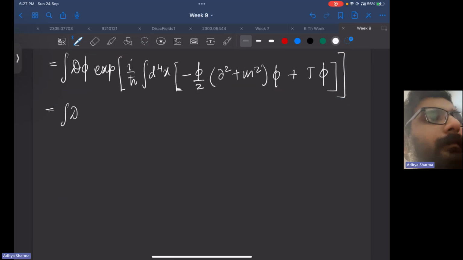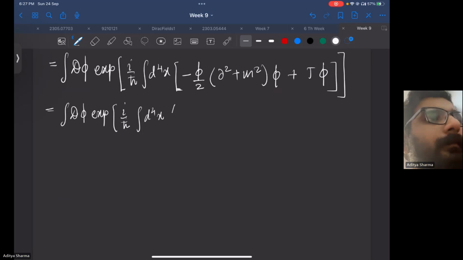Now this is equal to d phi exponential of i by 2 integral d4x phi (del square plus m square) phi.